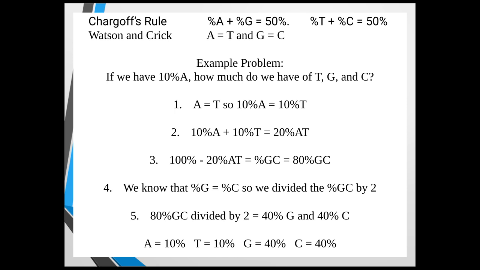So our final amounts would be our original 10% adenine, 10% thymine, 40% guanine, and 40% cytosine. An easy way to double check to make sure that you have all the right amounts: are adenine and thymine the same, are guanine and cytosine the same, and do all four equal 100%.